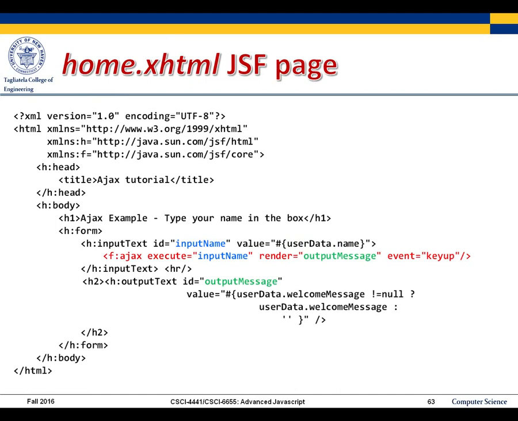The execute is actually going to act when somebody types a name in and does the key up. What's going to happen is the output message is going to get updated character by character.